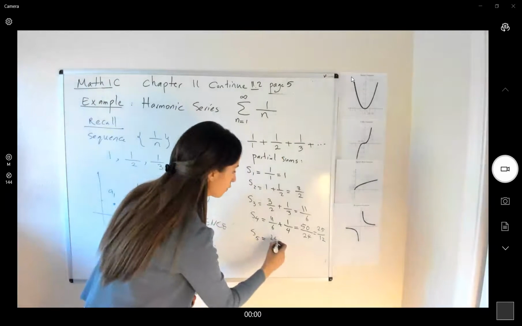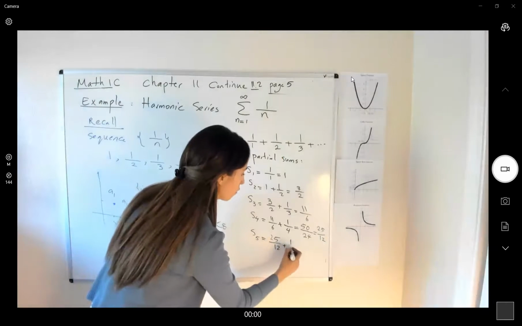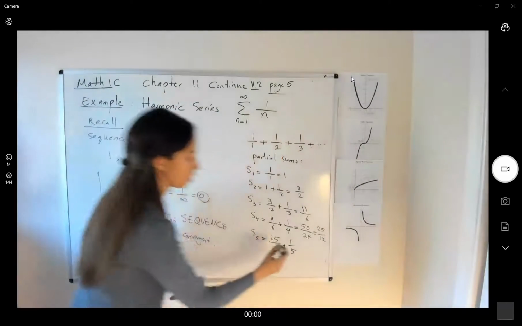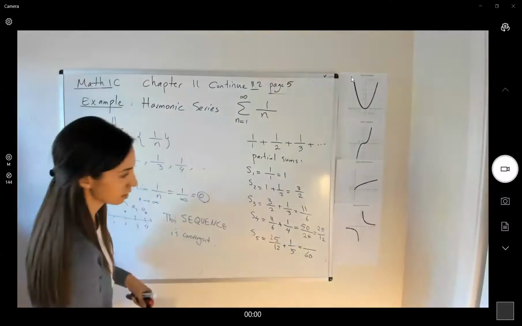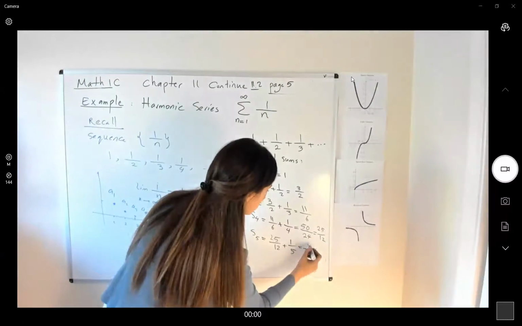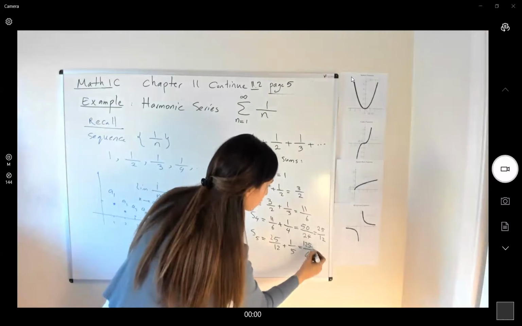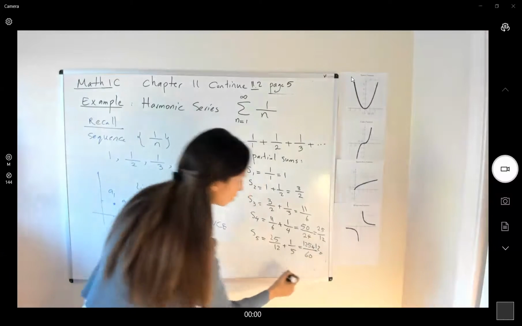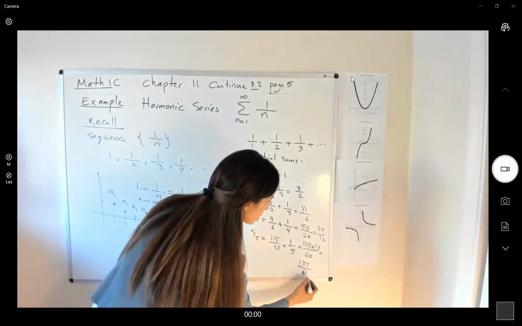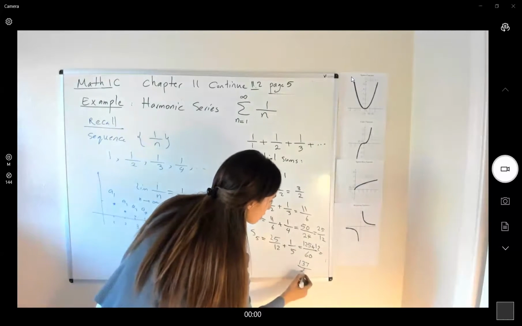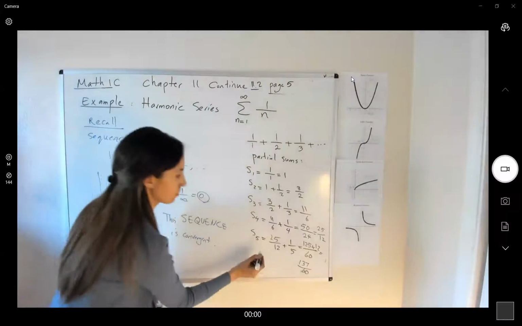It is 25 over 12 plus 1 over 5. If you take a common denominator between these two, you get 60. Then 125 plus 12 gives you 137 over 60, and it continues.